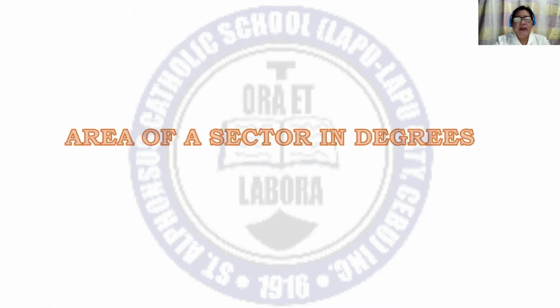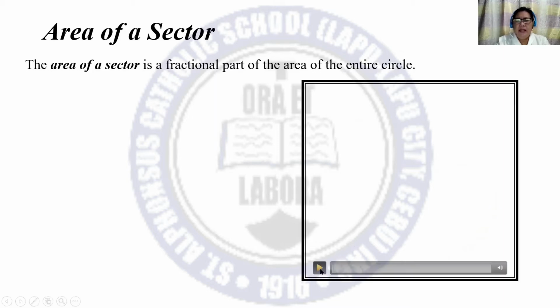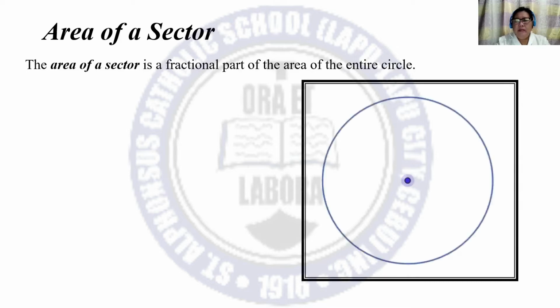Let us have the area of a sector in degrees. The area of a sector is a fractional part of the area of the entire circle. Let us look at this illustration. Having the center of the circle, you draw the circle and choose 2 points on the circle, and shade this part.